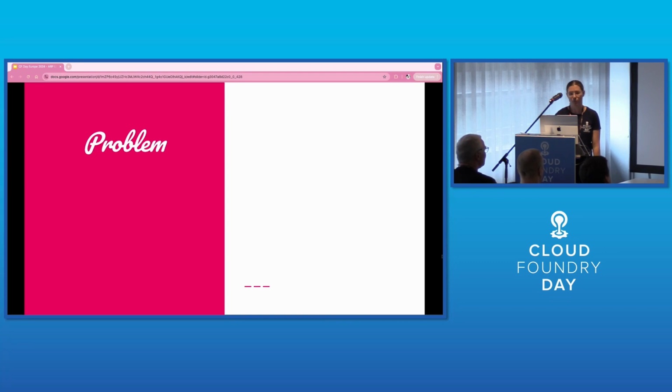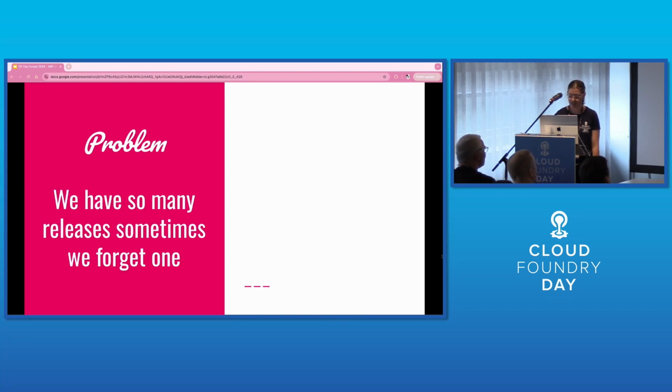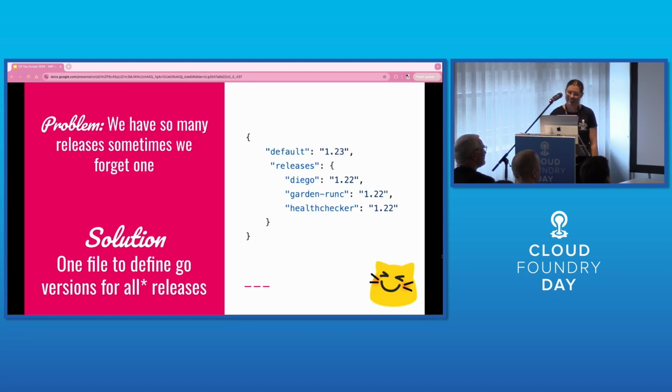Well, there are 2 problems that we ran into in the past year that I want to talk through. One problem is that we have so many releases, we sometimes forget about one. One that's in the dusty drawer over on the side, and you're like, oh man, I forgot to bump that one this time. So recently we switched to having one file that defines the Go minor version for all of our releases.